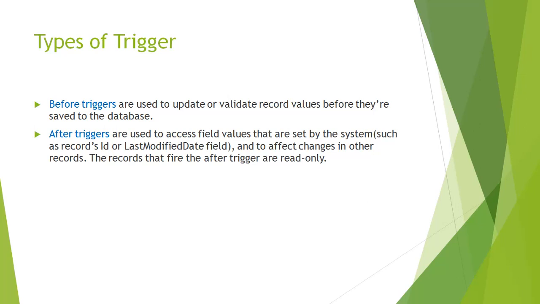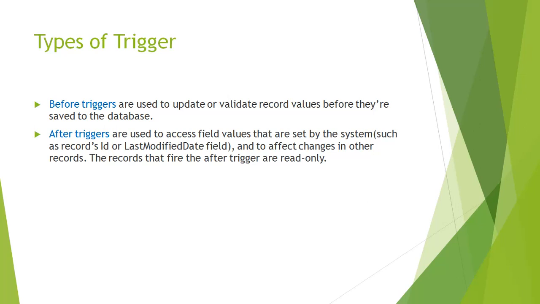We have two types of triggers: before triggers and after triggers. Whenever we want to achieve functionality before the record is saved to the database, we write before triggers. Whenever we want to achieve functionality after the record is saved or committed to the database, we write after triggers.